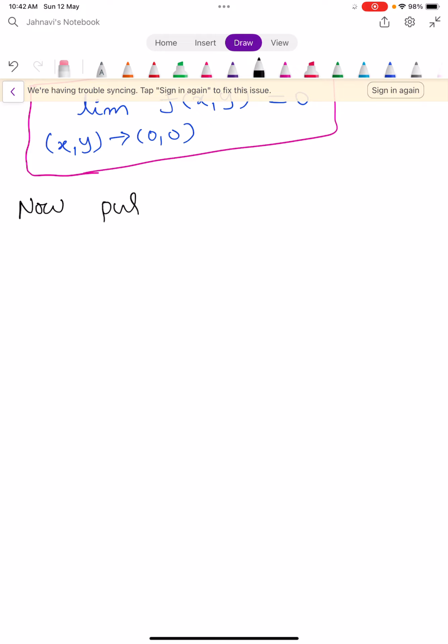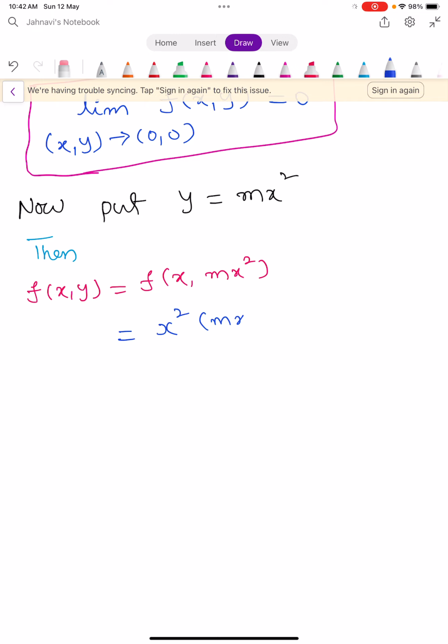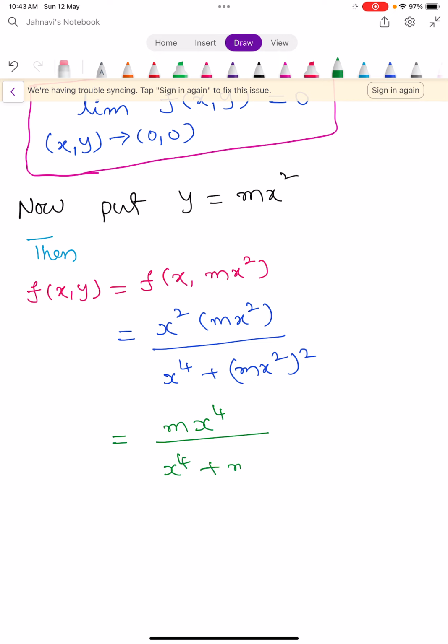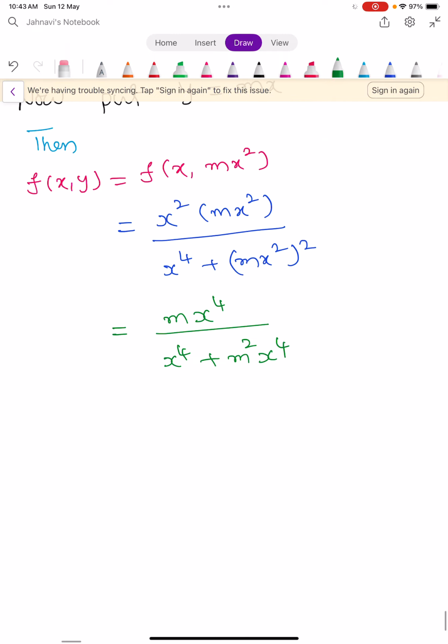Now put y equals mx squared. Then obviously f(x, y) is equal to f(x, mx squared), which is equal to x squared times mx squared divided by x to the power 4 plus (mx squared) whole squared, which is equal to mx to the power 4 divided by x to the power 4 plus m squared x to the power 4.